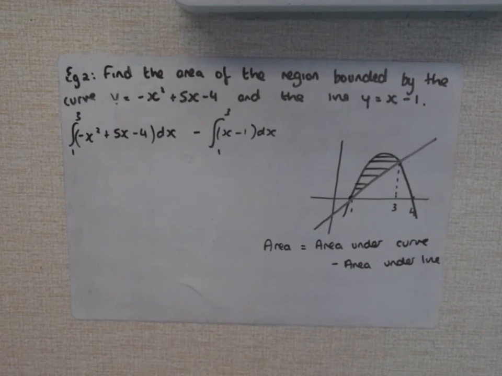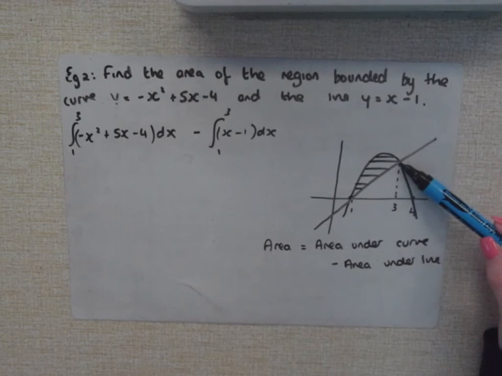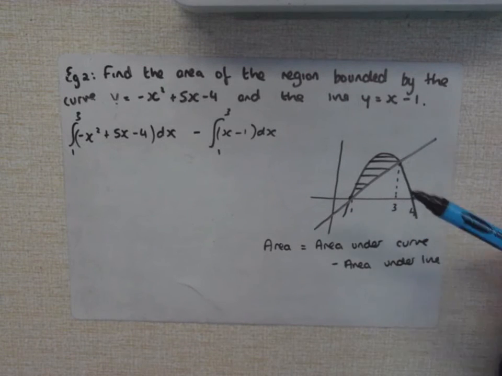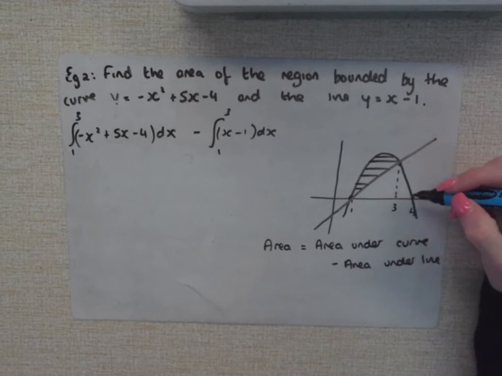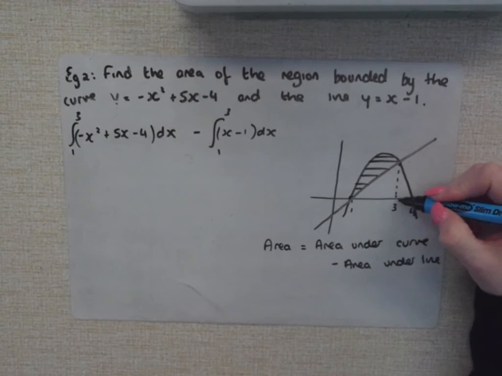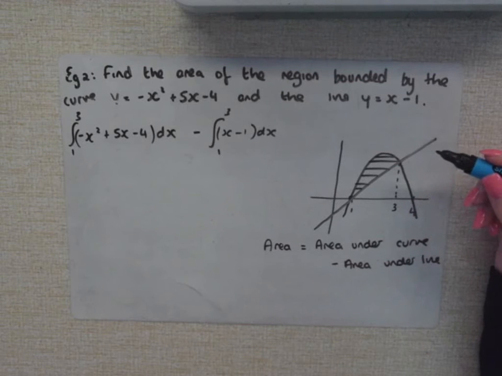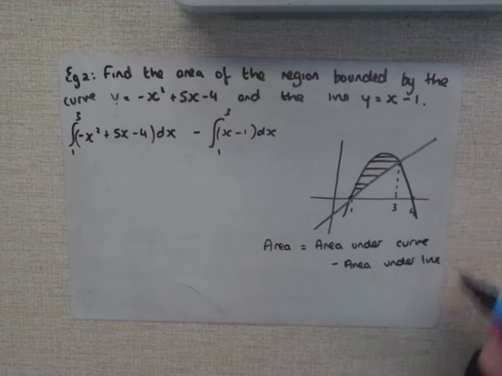Why did we go from 1 to 3? I had to find where they meet, and they met at 1 and 3, those 2 points. There's no point going from 1 to 4, because then I'm also including all this bit. But it didn't say anything about the x-axis. It actually just said the area between the curve and the line. And the area between the curve and the line is just this here. Does that make sense?